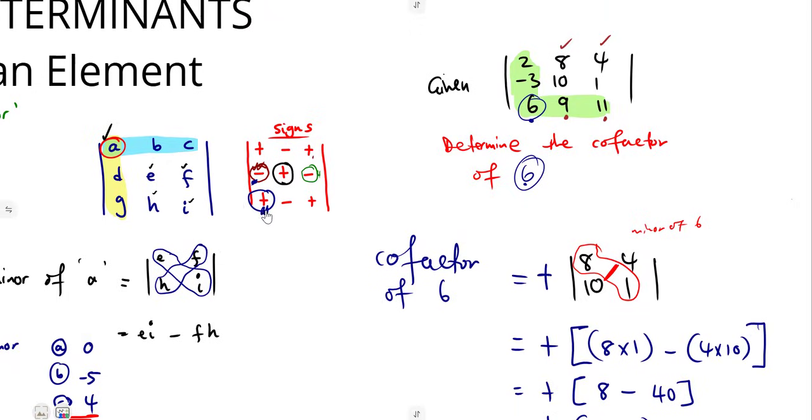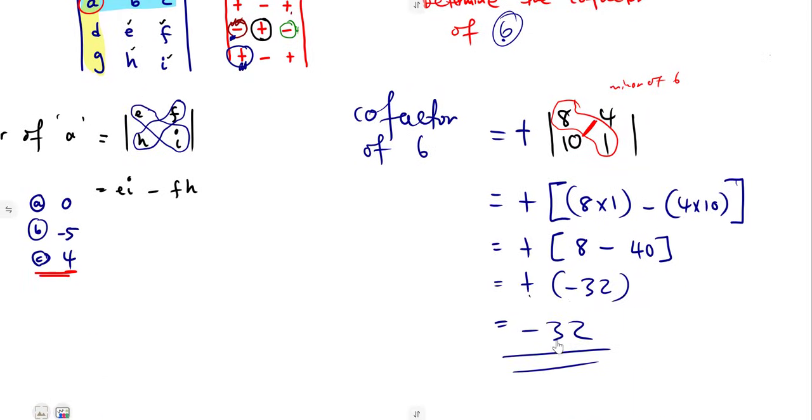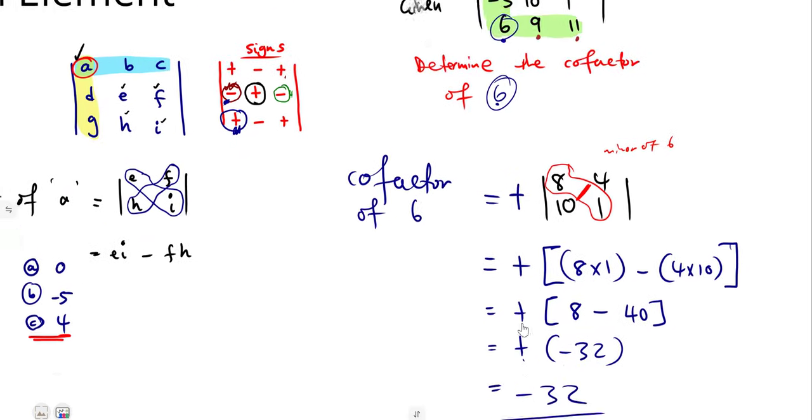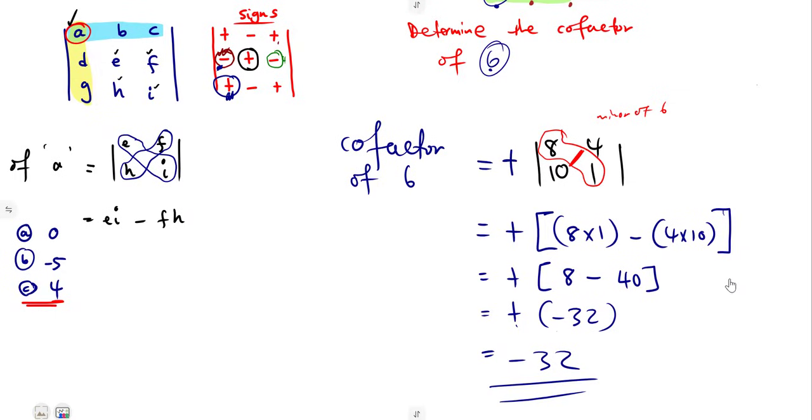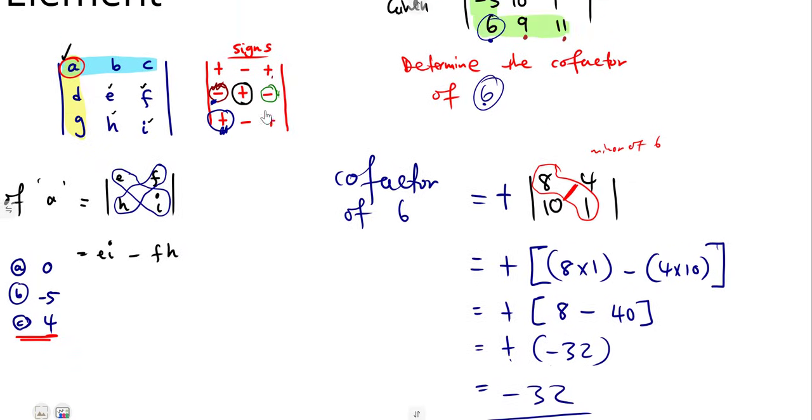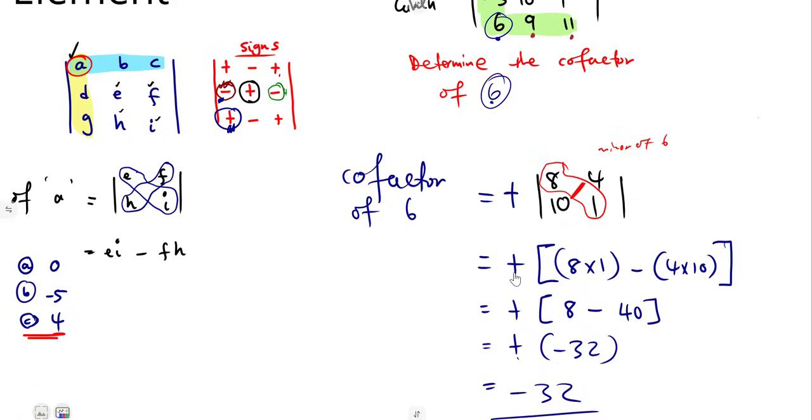What is the sign that is used? As we can see, a plus, a positive, does not affect. If it was a negative, it was going to affect. Negative times negative changes, you see. So you work with the sign here. Determine your minor, multiply your answer by the sign, and you have the cofactor.